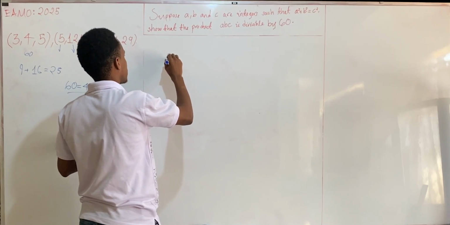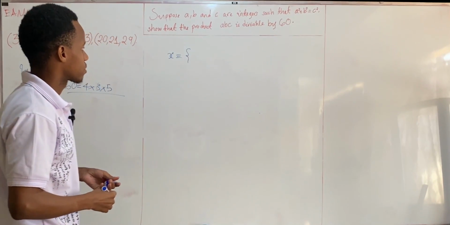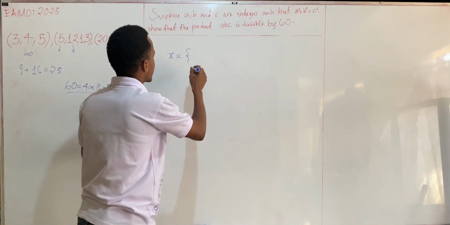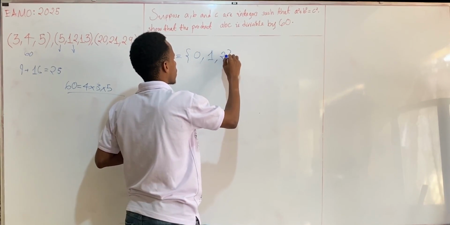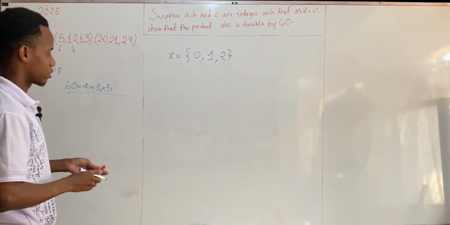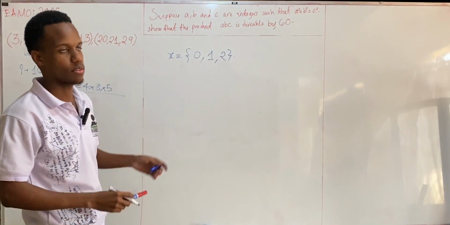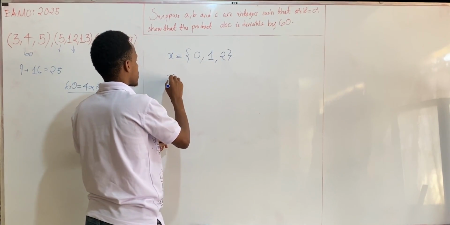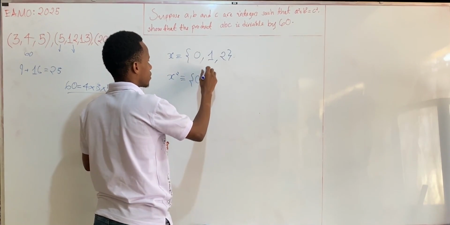if you look at any positive integer x, then the possible residues of x modulo 3 are 0, 1, or 2. Those are the remainders when you divide x by 3. This means that if you square x, then the possible remainders are 0.